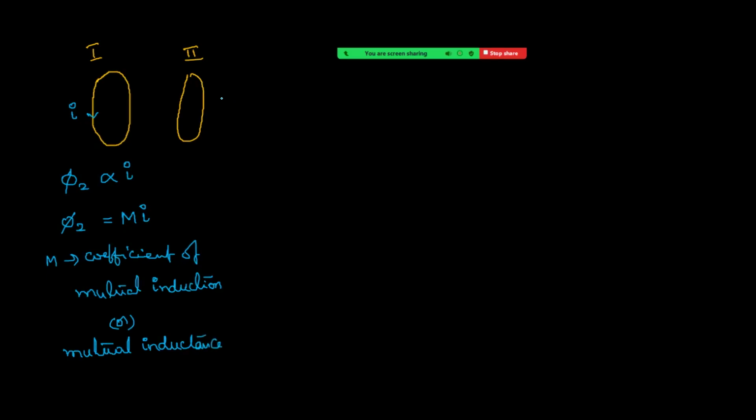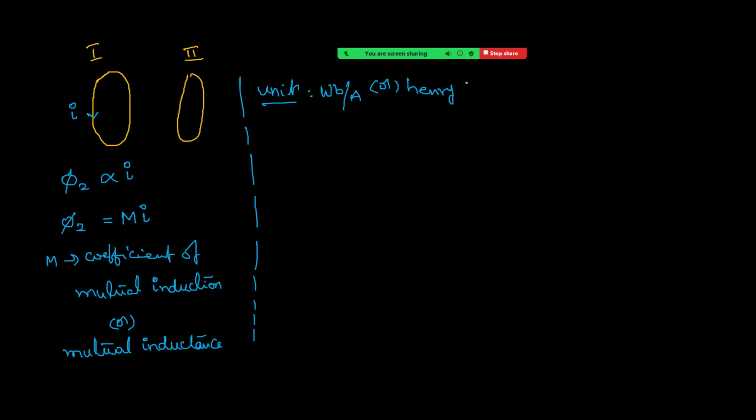Now see from here, we can guess the units of the coefficient of mutual induction. Flux is in Weber and I is in ampere. Therefore, units are Weber per ampere, or we take it as Henry, which is the name of a scientist.